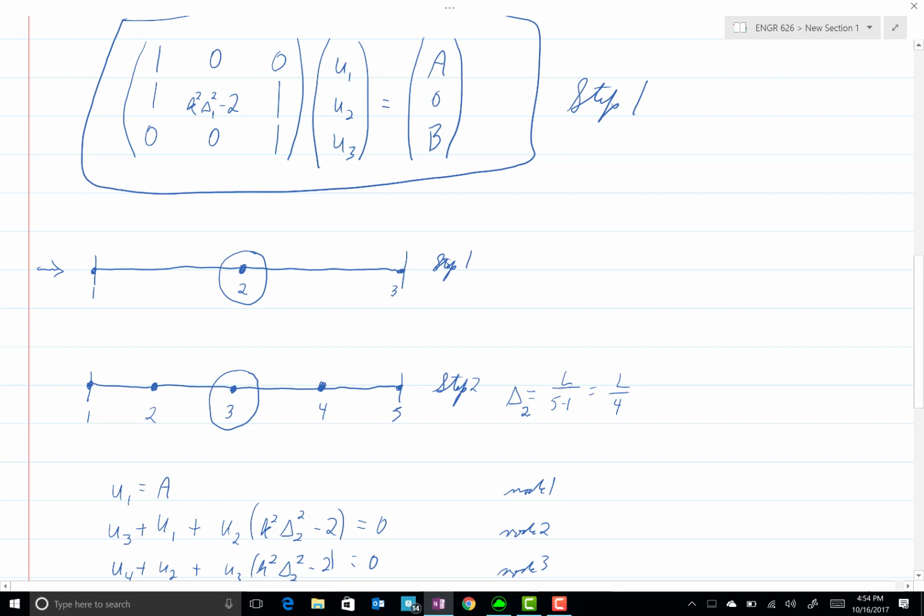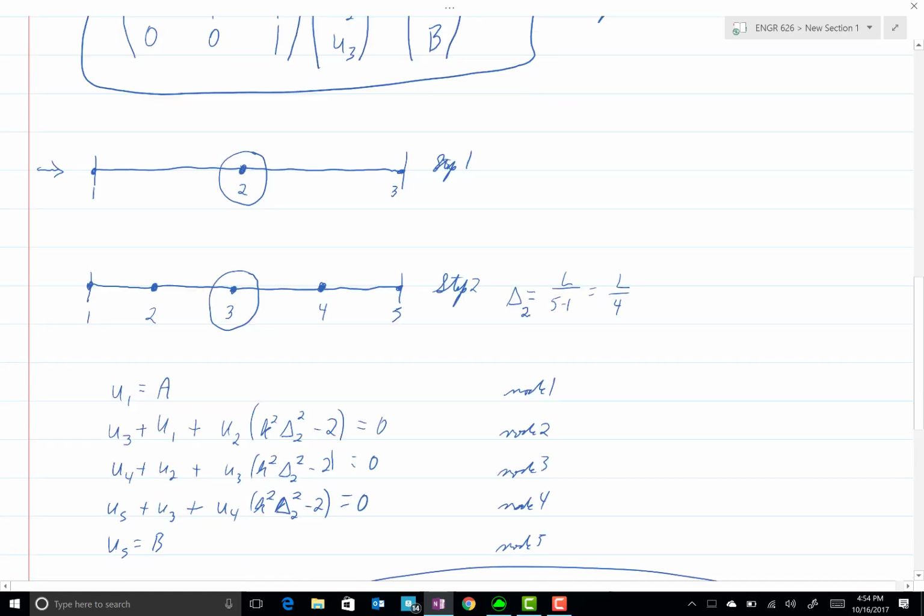Now, in going from step 1 to step 2, there's only that one node where we could calculate the Richardson extrapolate. As we go from step 2 to step 4, though, we could calculate a Richardson extrapolate at several nodes. So let's look at that.